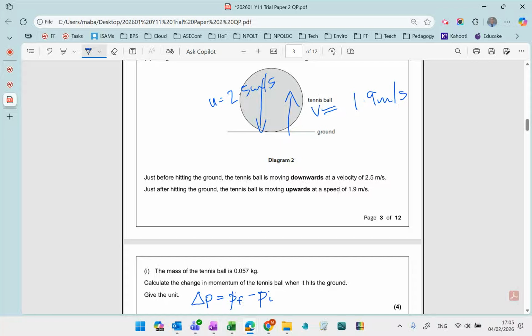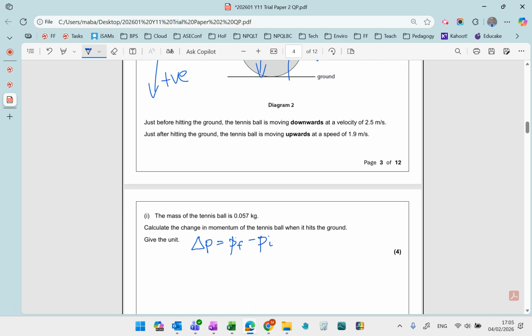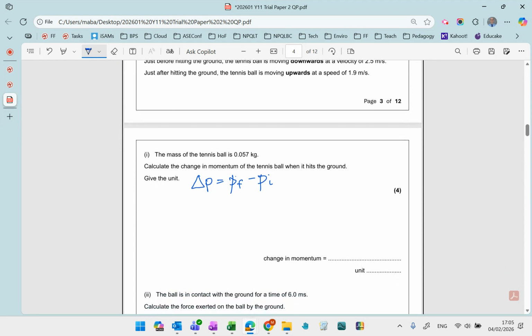Right, so what we've got to do is choose which direction is our positive direction. I'm going to choose downwards as my positive direction, which means this number here is positive, and this number here is a negative number. That's going to be important when we get to the substitution stage.